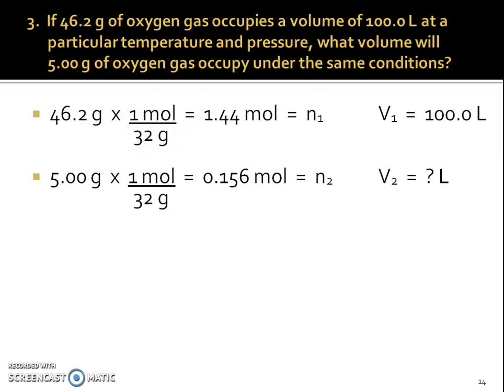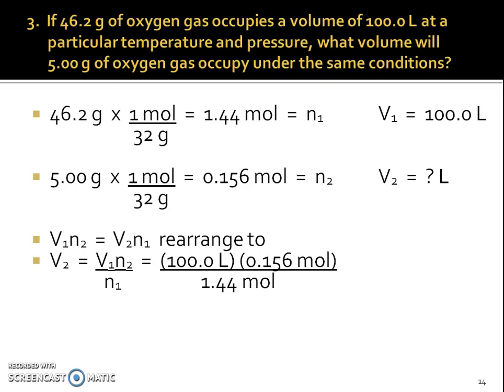So if you got that wrong right from the beginning, check that work and go back and then rework the problem. So again, we're going to take our equation, we're going to rearrange it, we're going to plug and chug, and 10.8 liters. And again, don't forget your units at the end. Sometimes they ask for it and sometimes they don't care.